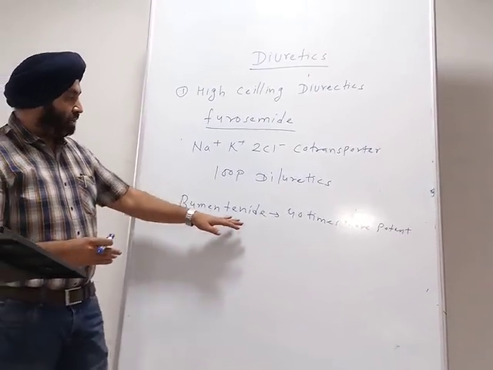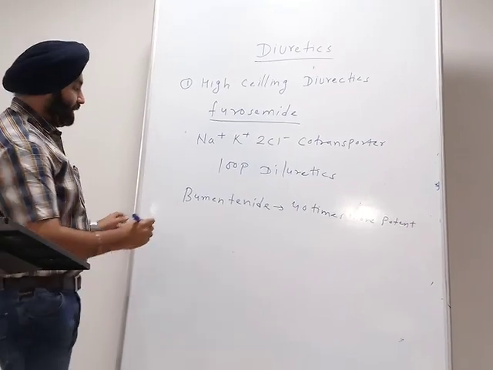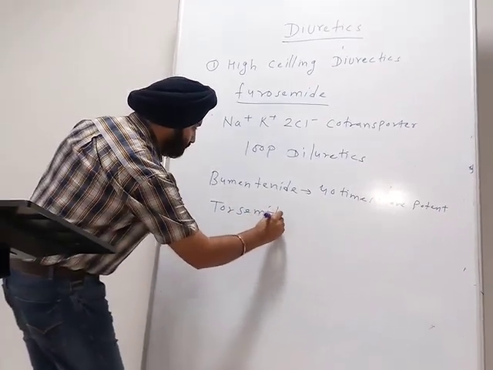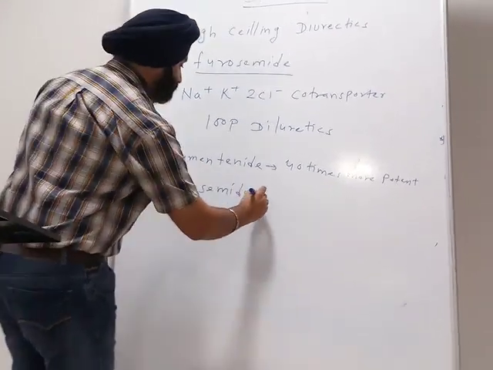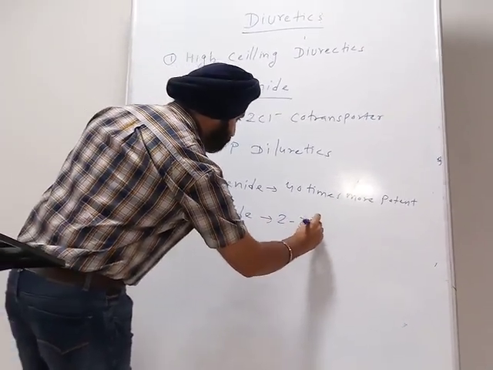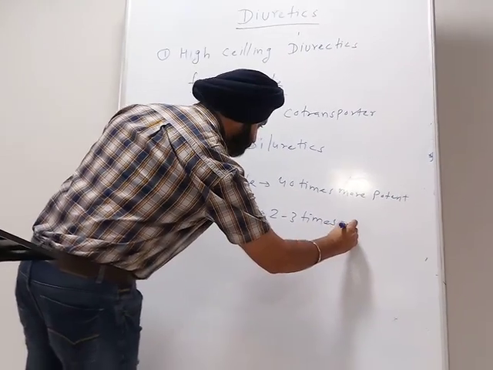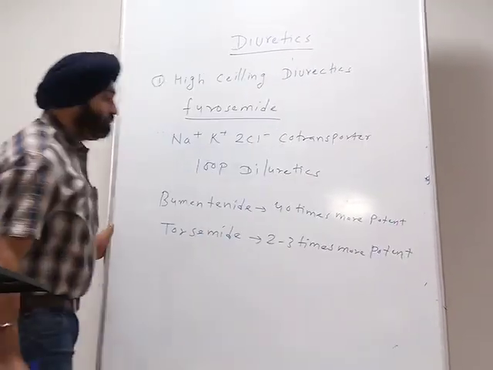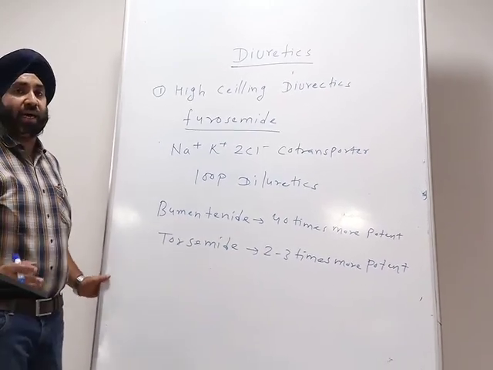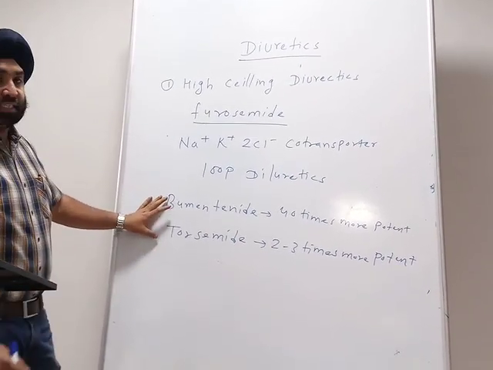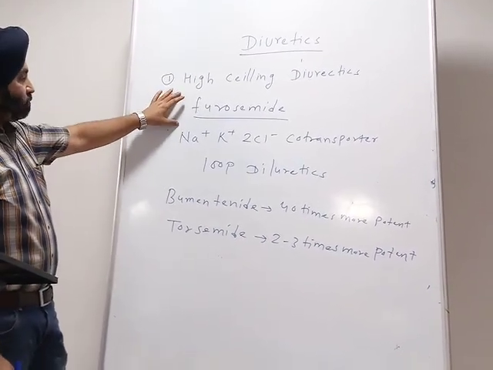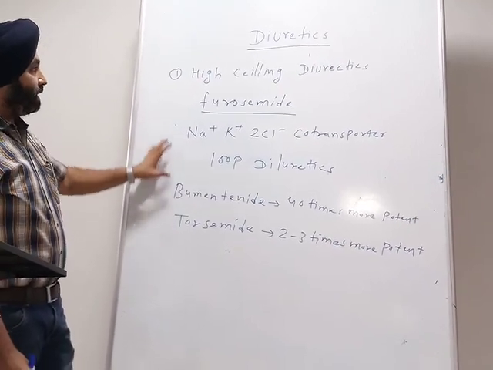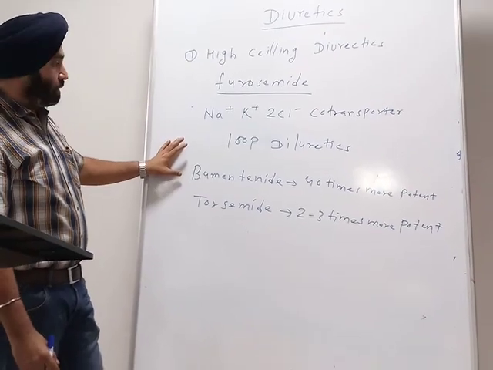Other than this, torsemide is there, which is two to three times more potent. Again, it is very helpful in CHF patients. So furosemide, bumetanide and torsemide are included in this group.